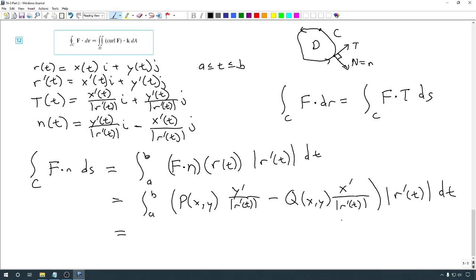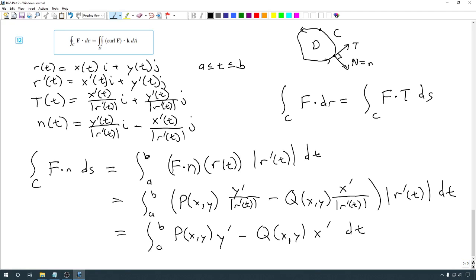The r primes on the bottom will cancel out the r prime on top. So we have that thing dt.